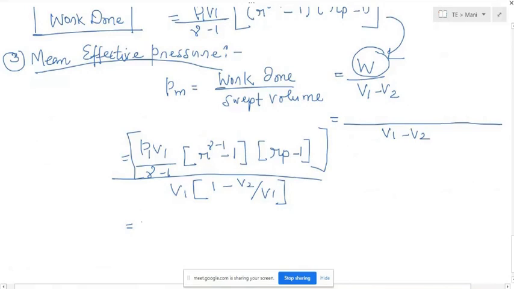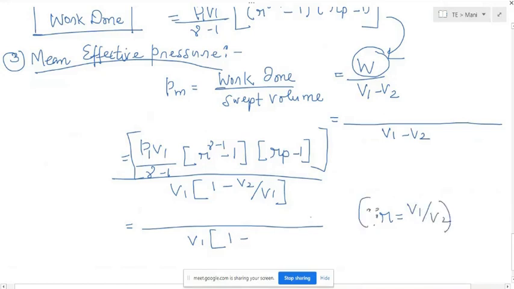Okay, so for the simplified form, the numerator, please keep the same thing. Okay, V1 into 1 minus, already we know that compression ratio is nothing but V1 by V2, so we can use the term instead of V2 by V1 as 1 divided by r.